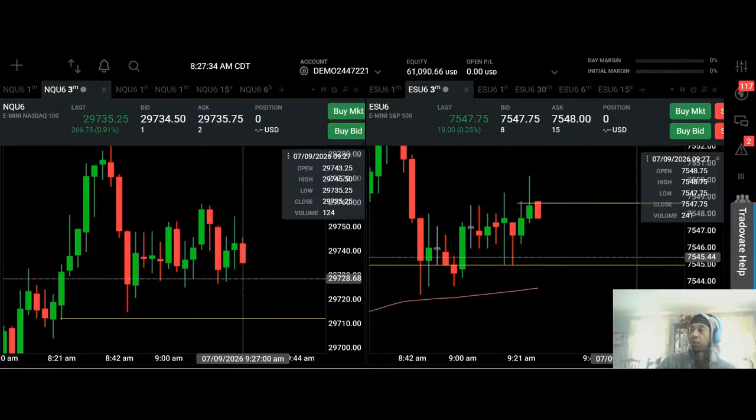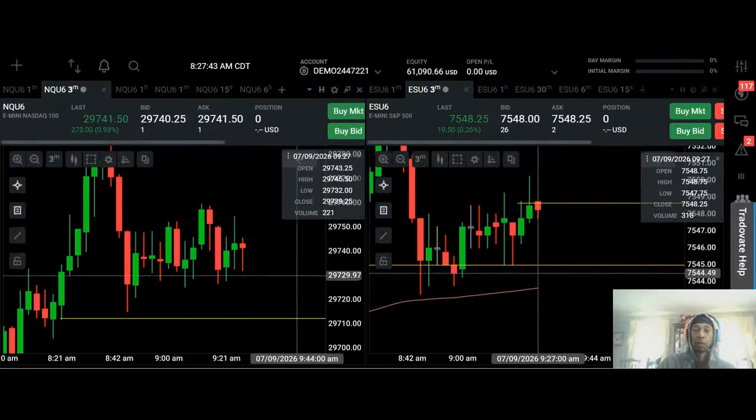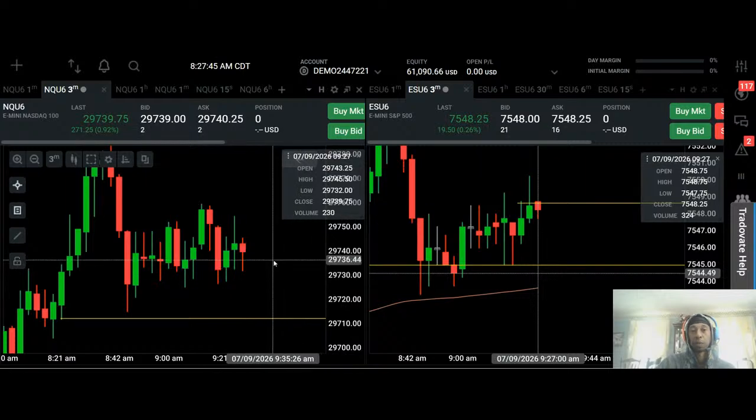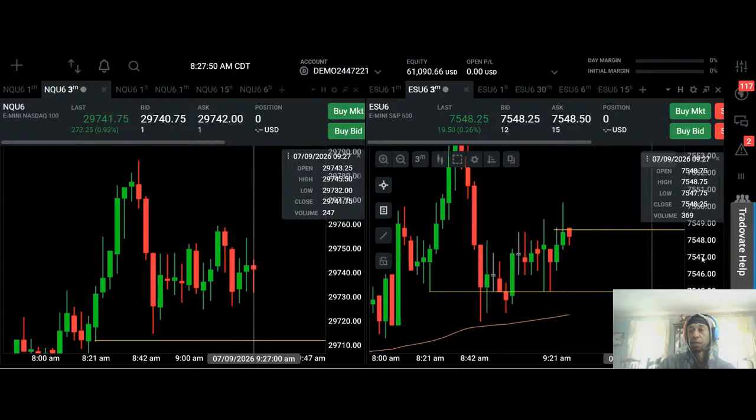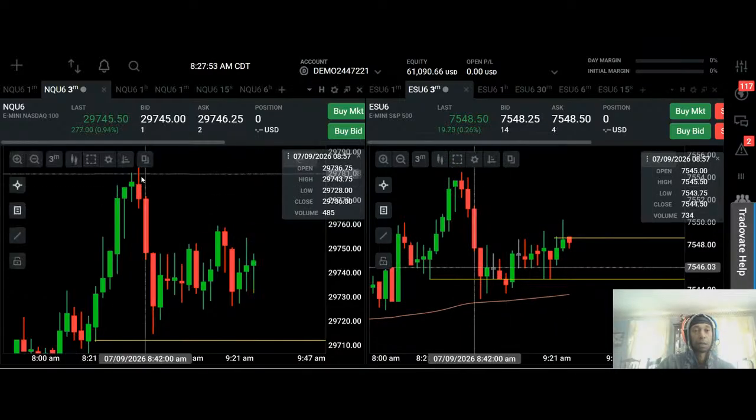So let's see what they do. See what they do. This would be a good trade though. It should at least go to the high. This high right here.